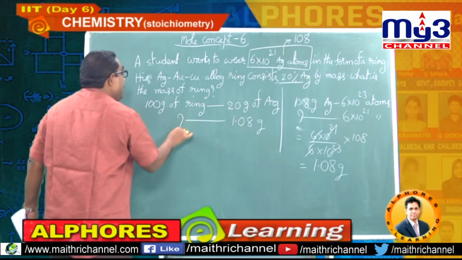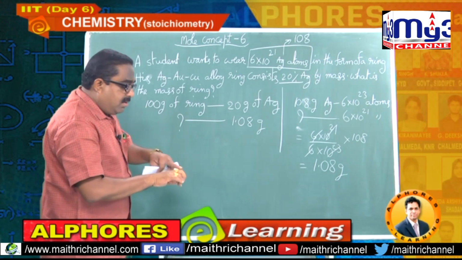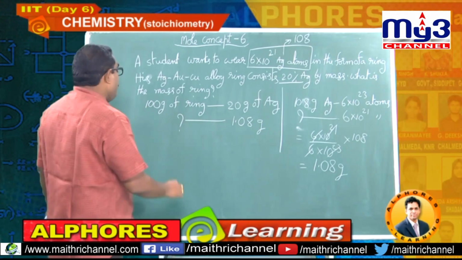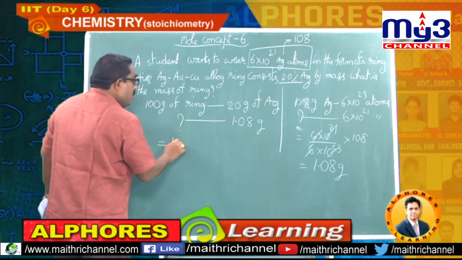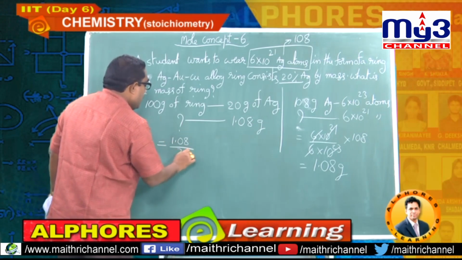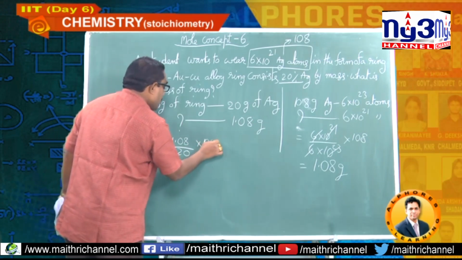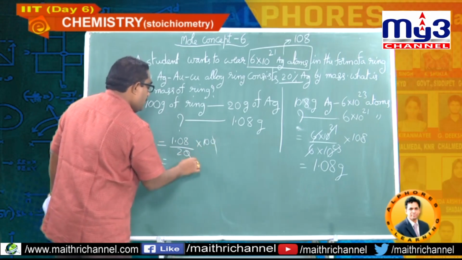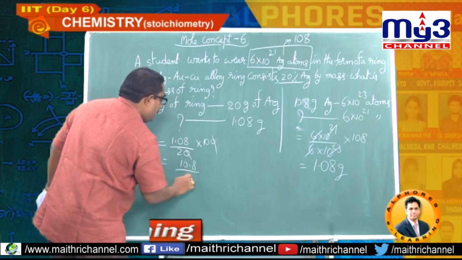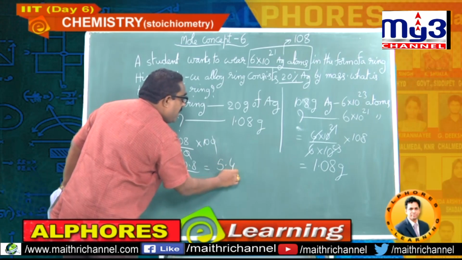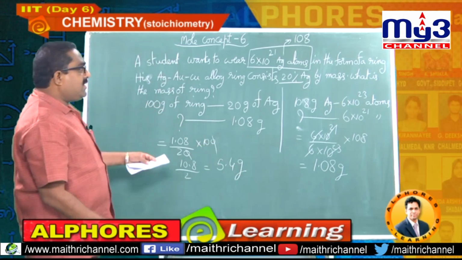Then what will be the mass of ring, total mass of ring that he should wear is equal to 1.08 by 20 into 100, 10.8 by 2, that is 5.4 grams. This is the answer.